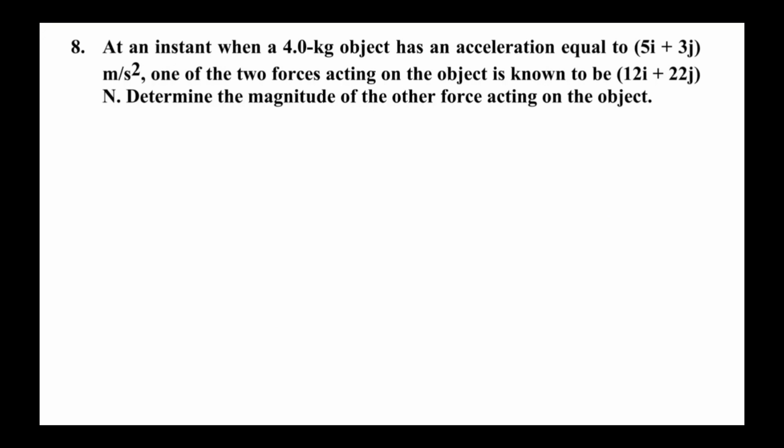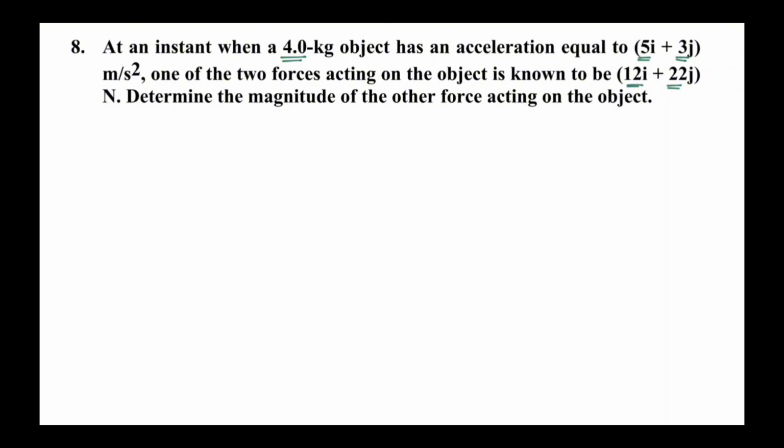Now in this case, one of the forces has two components, one on x and one on y, and we have two accelerations, one on x and one on y. The mass of the object is 4. We need to calculate the magnitude of the other force.